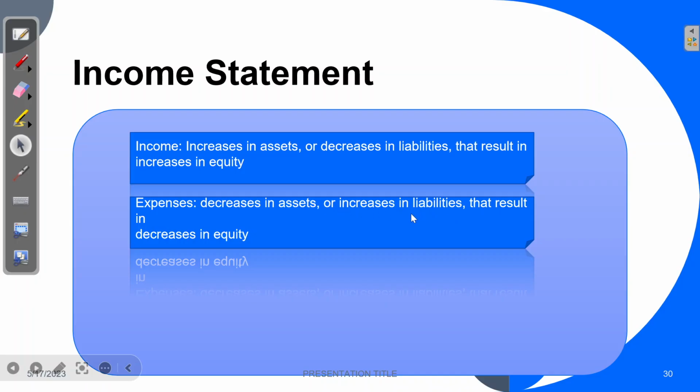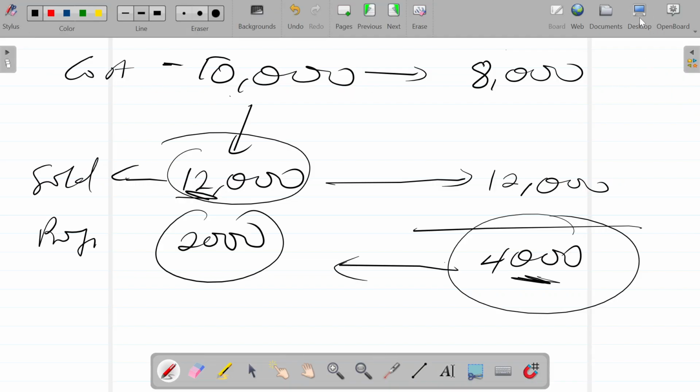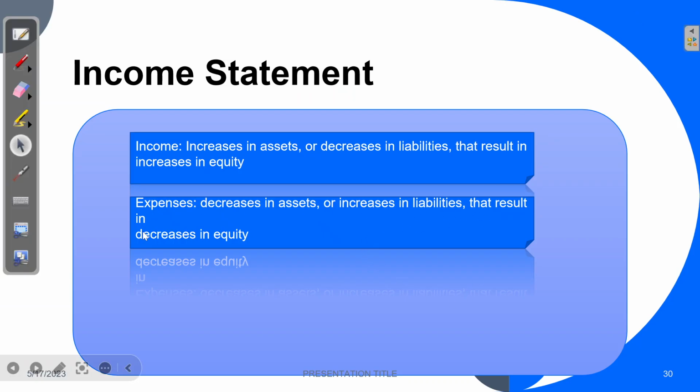When you purchase an item on credit, it will increase your what? Liability, and expenses will eventually reduce your equity, or your profits. Equity is the same as your profit. So that is income and expense.